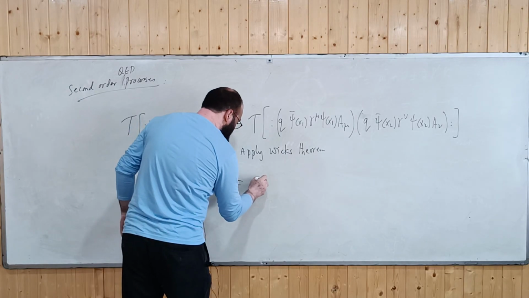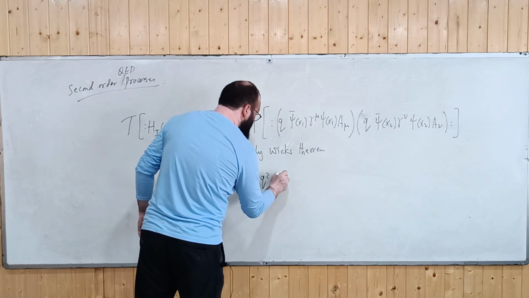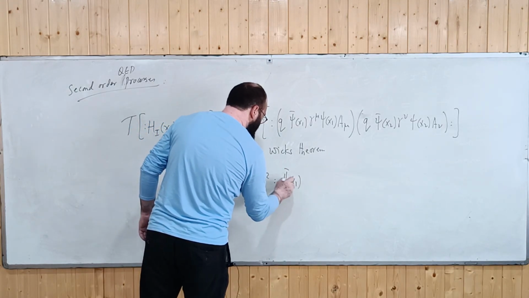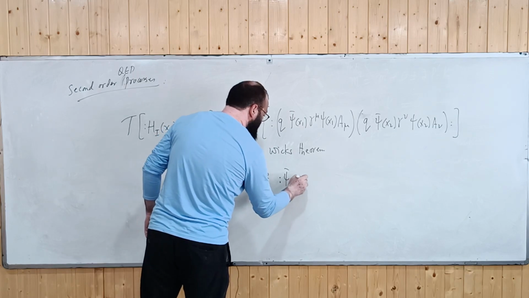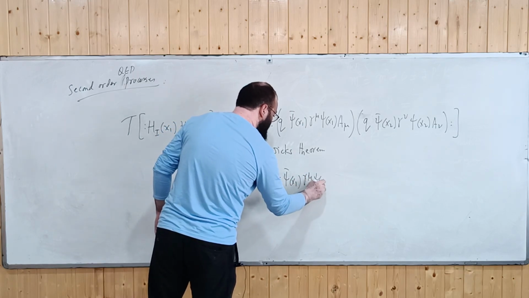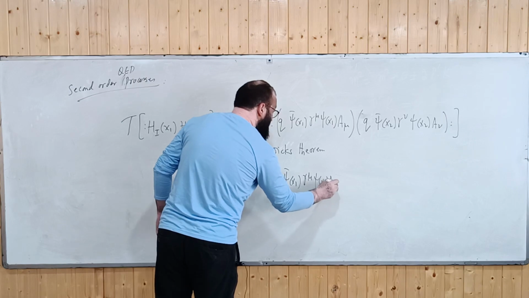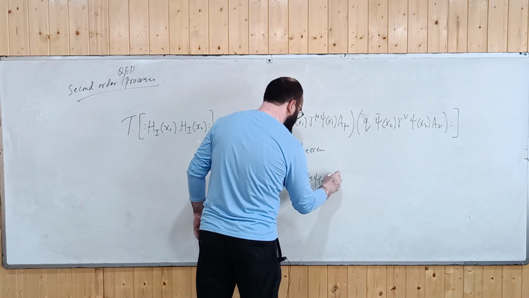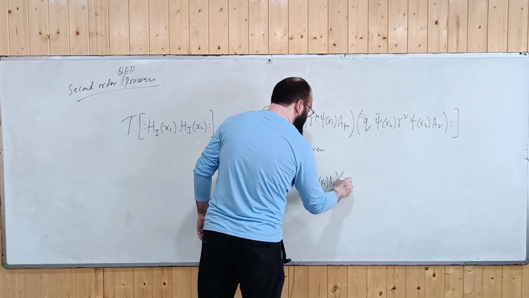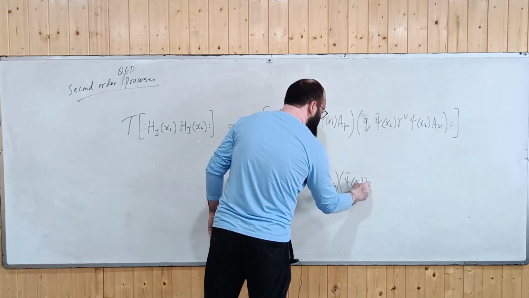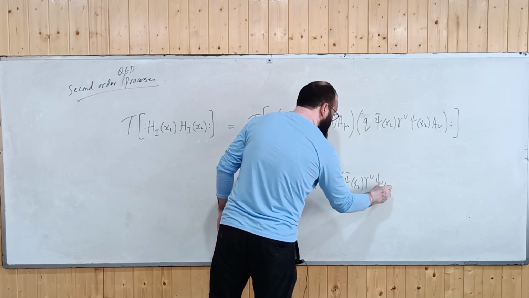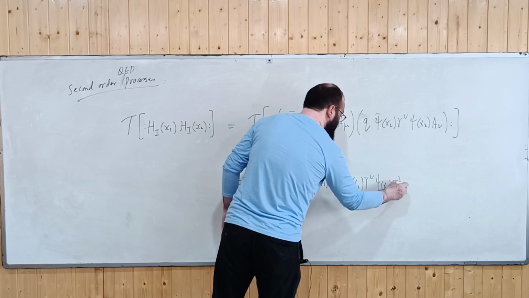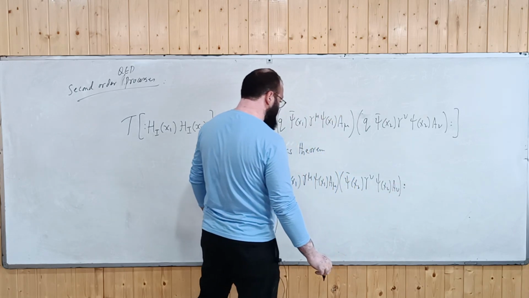So you have Q squared, Q psi bar of x1, normal ordered, gamma mu psi of x1 A mu, then psi bar x2 gamma mu psi of x2. What is the next term in Wick's theorem?